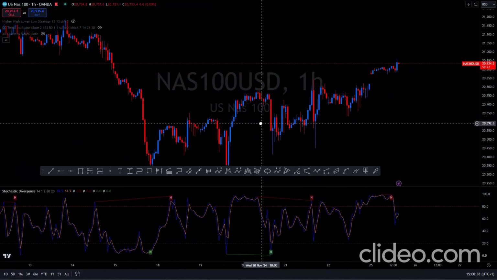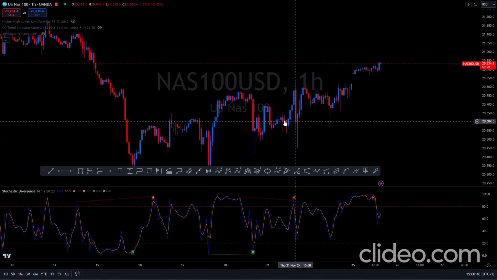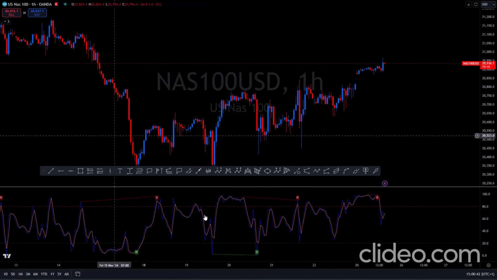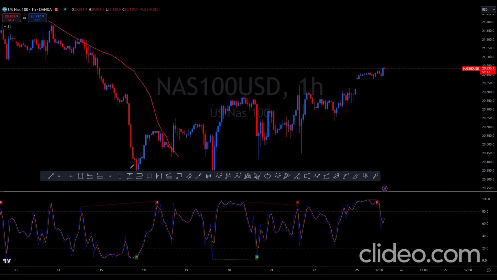So when we look at the overall trend, we can see that price has been trending downward to this point and then starting to trend upward. Previous lows have been broken all the way to this point. Even this low was broken until price started trending up.